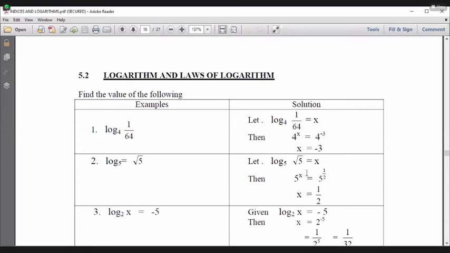So logarithms and laws of logarithms. Now, if I look at this one, there is a working that is showing here that you can use.